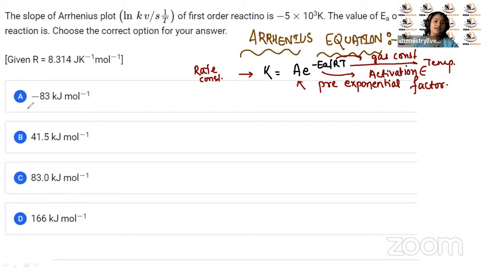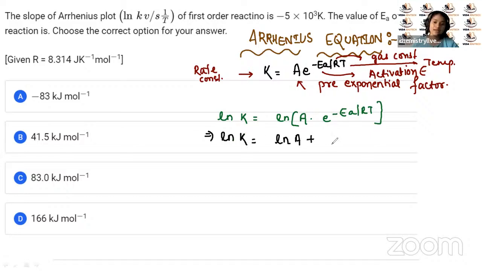What we do, we'll take ln both sides. So ln K is equal to ln of A into e to the power minus EA by RT. We know that ln of A into B is ln A plus ln B. So this can further be written as ln K equals ln A plus ln e to the power minus EA by RT.